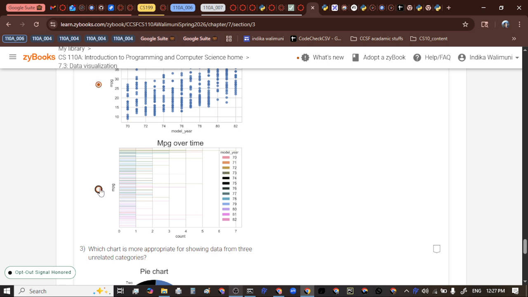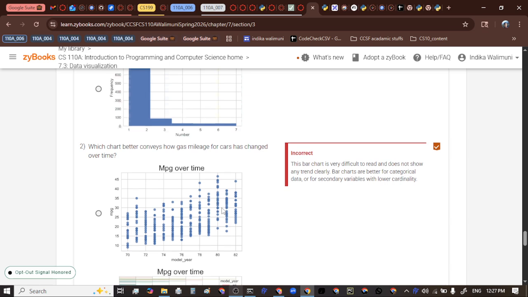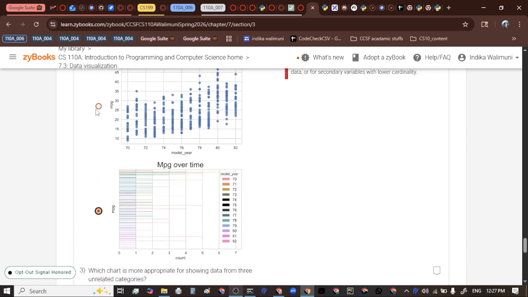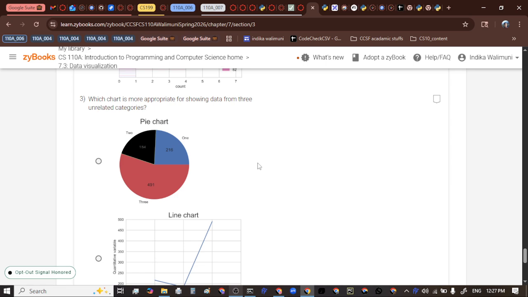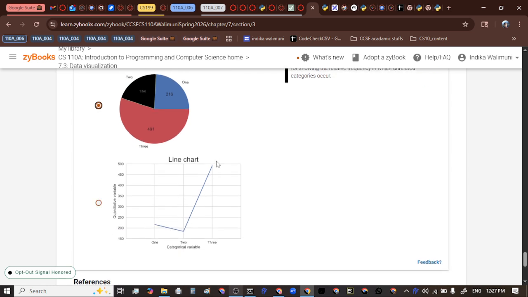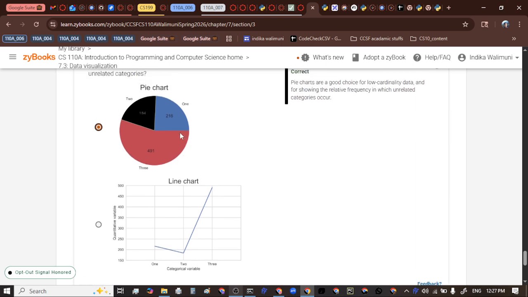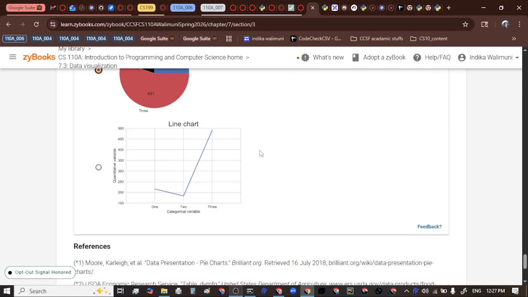If you take the wrong choice, it will tell you what's wrong with it. Obviously you can see that this is a poor scatter plot and it doesn't tell anything. But if you use a pie chart, you can easily compare the distribution of the values and even make a decision. So that's the best one.